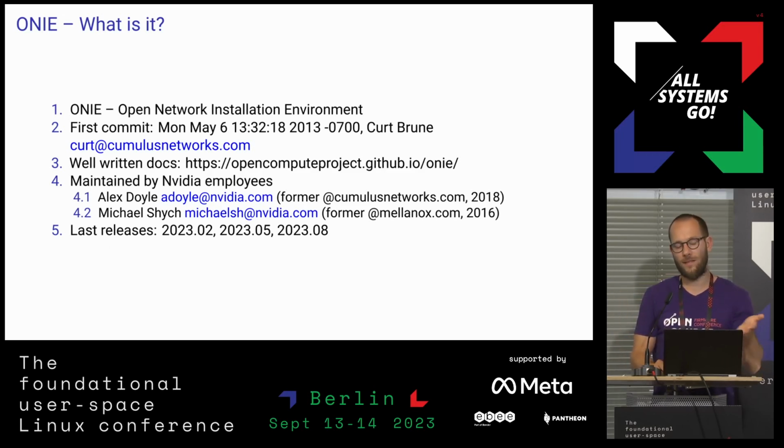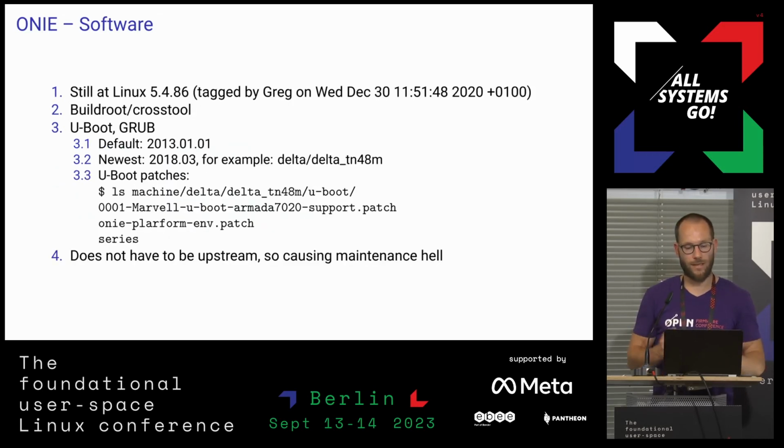Then there are regular releases, but it's basically just, okay, this new switch was added or something like this. And as said, in 2020 there was a last bump of the Linux kernel, which is not a lot of maintenance work, right, just to bump the version.